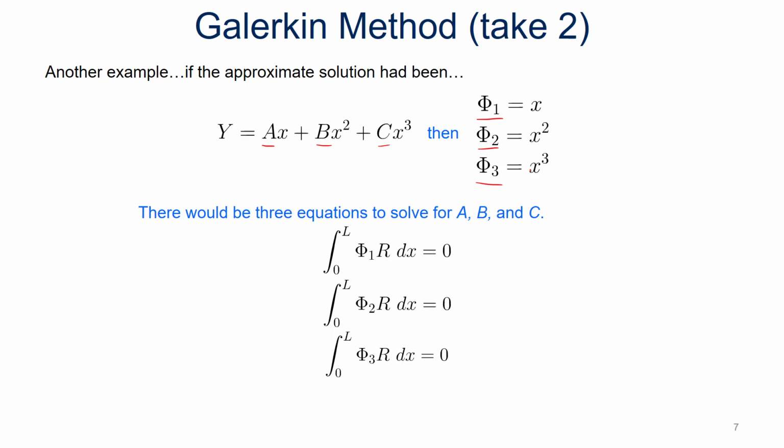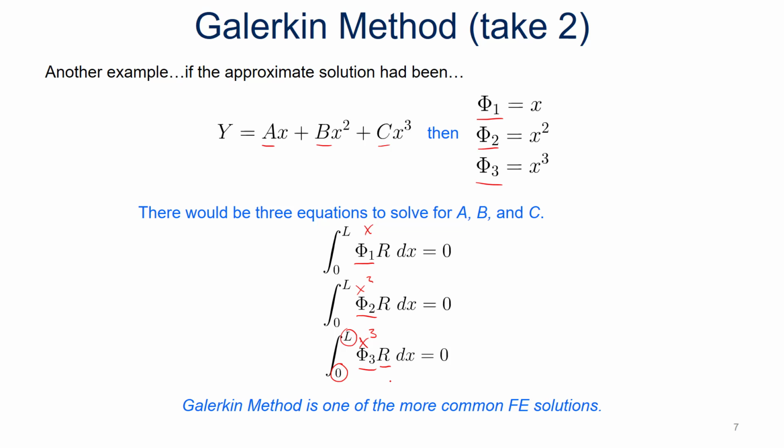As a result, we would have 3 equations to solve for A, B, and C. So weighting function number 1 is just our x, weighting function number 2 is our x squared, and weighting function number 3 is our x cubed. And we do each of those over the same interval, from 0 to L, and we'd use the same residual equation for each of those.